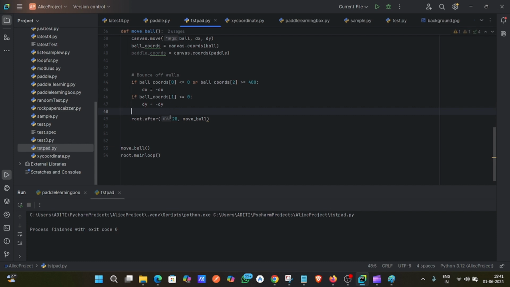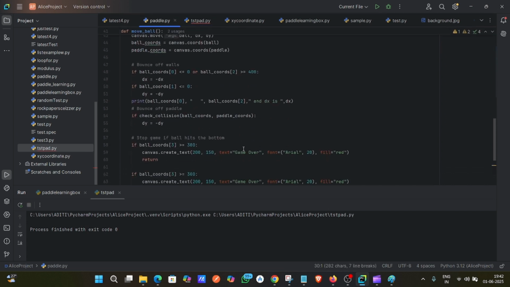Okay, here. I'm checking if collision, if this returns true, meaning collision happens, what do I need to do? I will simply change the y direction from positive to negative. The ball is coming down, so y was increasing. Once it collides with the paddle, I will make it minus dy.